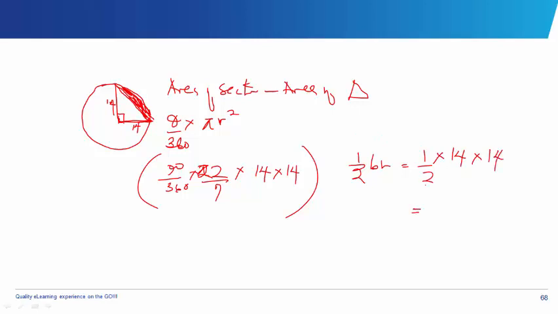Okay, let's solve this. It will give us 2 into 14, 7. Then 14 times 7, 4 times 7 is 28, so we'll have 98. And this side, we'll cancel the 0. 9 into 36 will give us 4. 7 into 14 we'll have 2. 2 into this 4 we'll have 2. 2 cancels 14, we'll have 7.